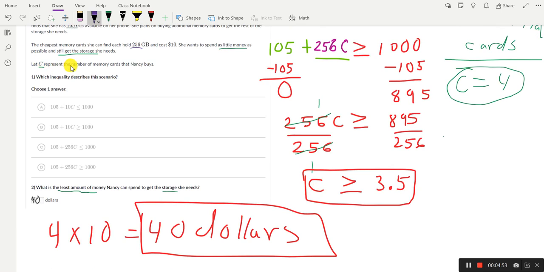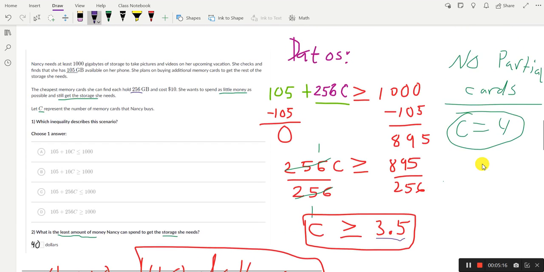Well, C represents the number of memory cards. Okay, so you need to think about it. They do not sell partial cards. If you think about a memory card, it's a little plasticky thing. You don't get half of that memory card. They sell one or two, etc. They say whole numbers, no partial memory cards.